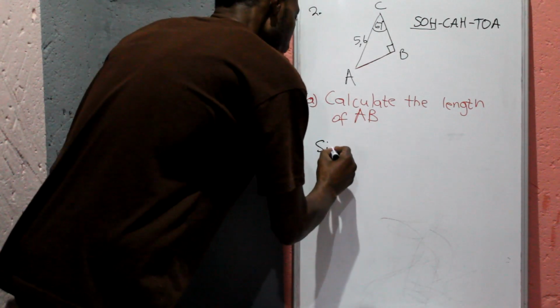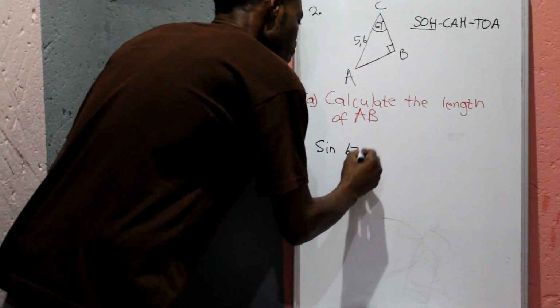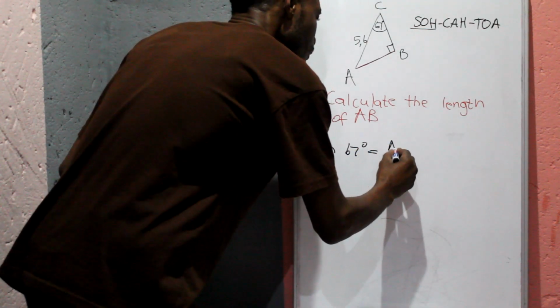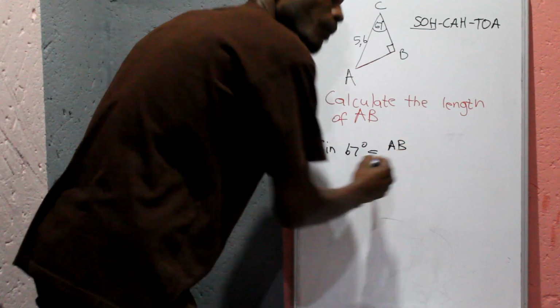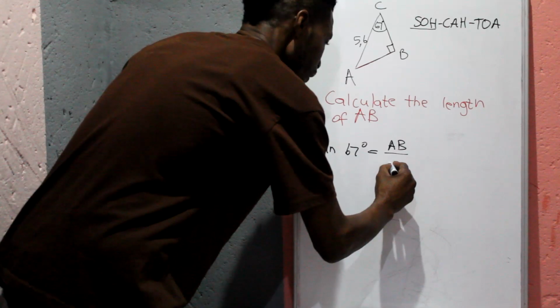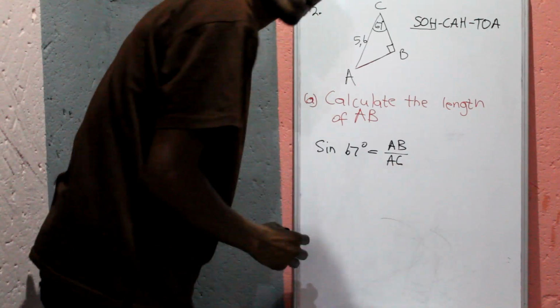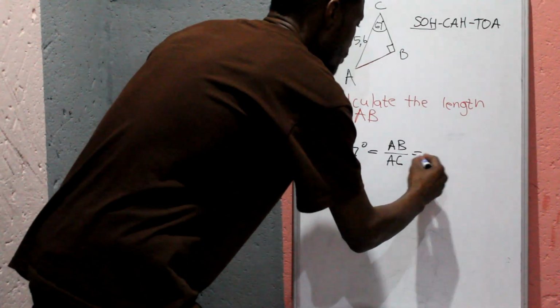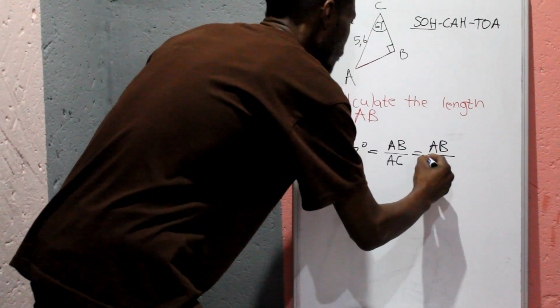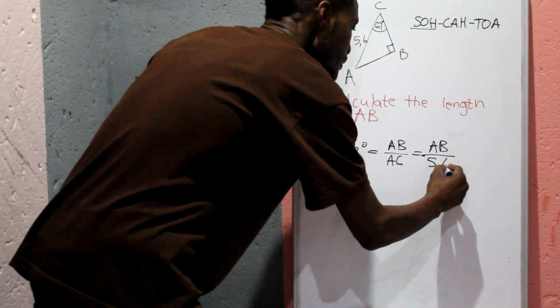Therefore, sine 67 degrees will be equal to AB, which is the opposite side, over AC, which is the hypotenuse. And this is going to be equal to AB over 5.6.